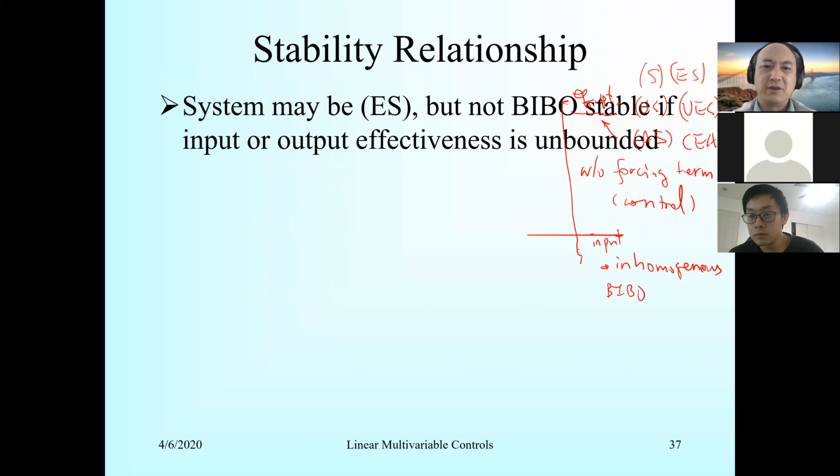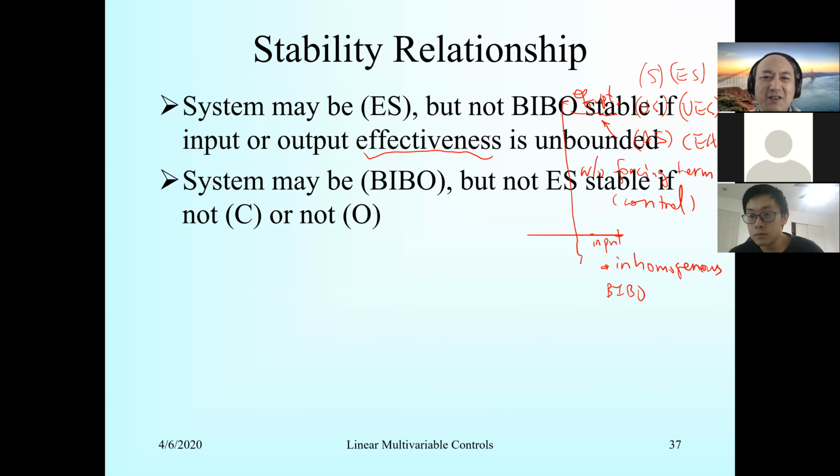The system may be exponentially stable but not BIBO stable if the input-output effectiveness is unbounded. And the system may be BIBO stable but not exponentially stable if it is not controllable or not observable. That's a possibility.